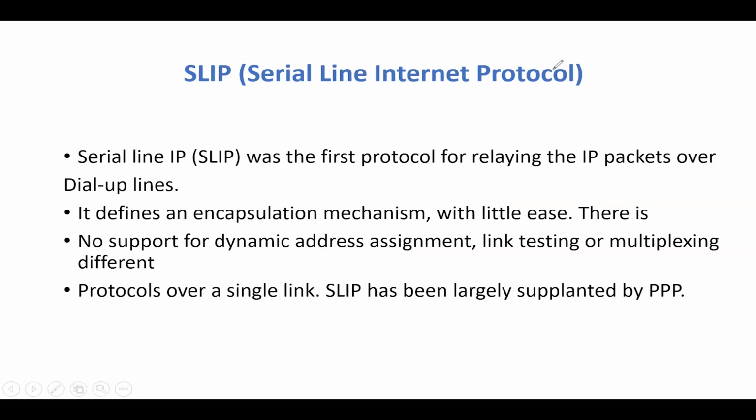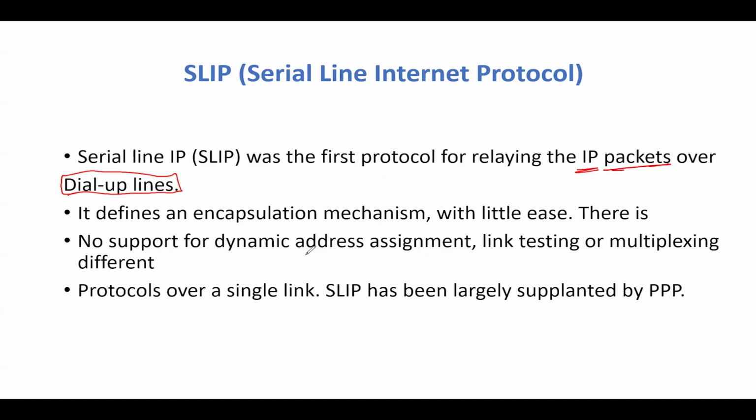The next protocol is SLIP. It stands for Serial Line Internet Protocol. Serial Line Internet Protocol was the first protocol for relaying Internet protocol packets over dial-up lines. Dial-up lines are nothing but the communication lines, the physical lines. It defines an encapsulation mechanism with little else.